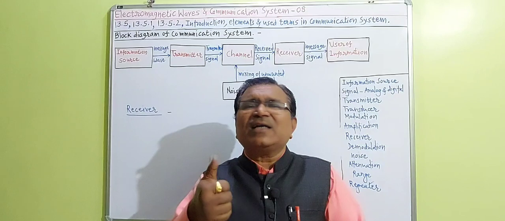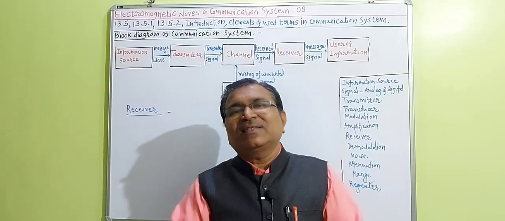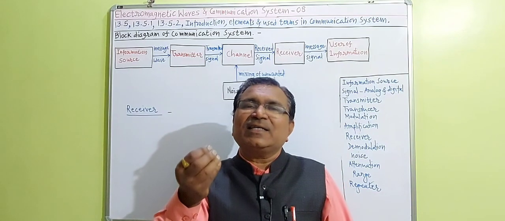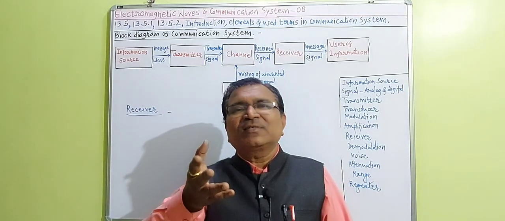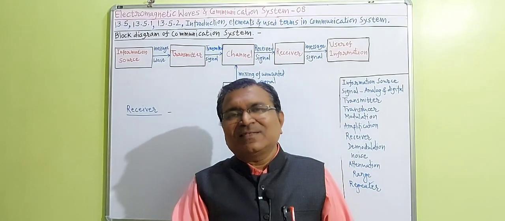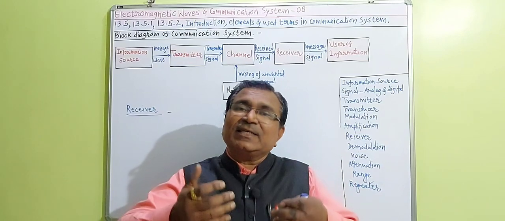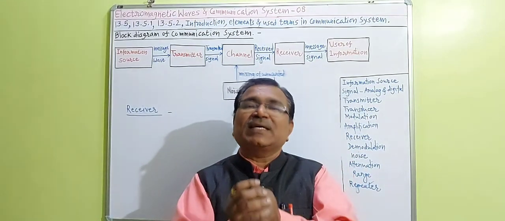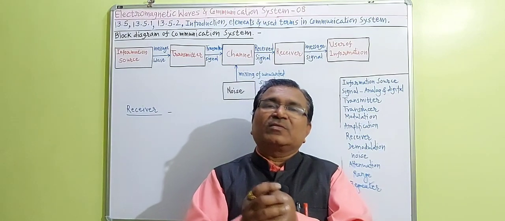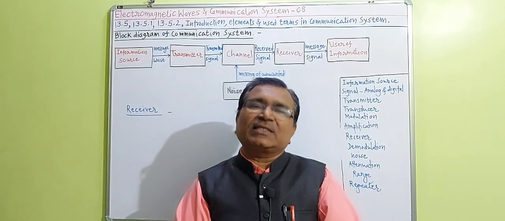Electrical signals are in the form of electromagnetic waves, and we know they are invisible. So we will have to convert that electrical signal into the original form, and that is done in the receiver.